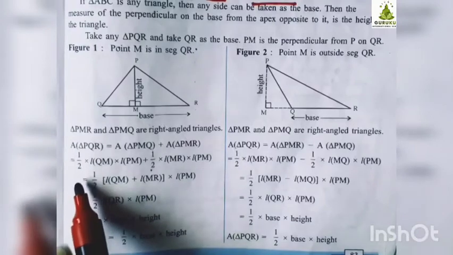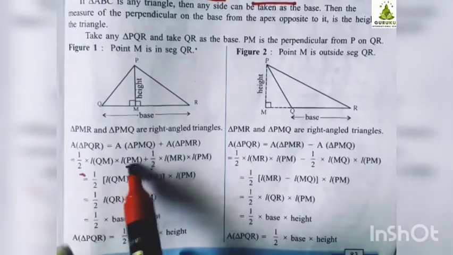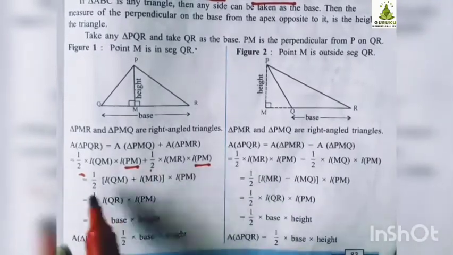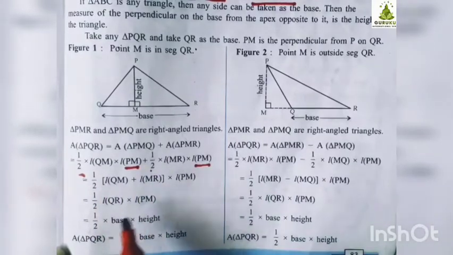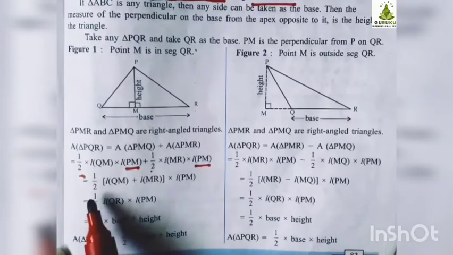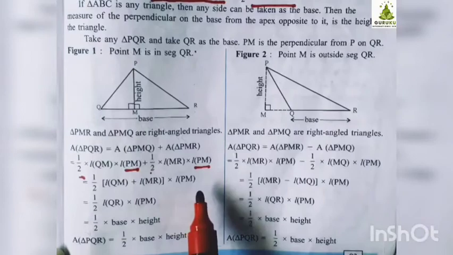PM is also common, so that we can write outside the bracket, and what is remaining, QM and MR, that will come inside the bracket. So we can write it as half into QM plus MR multiplied by PM.